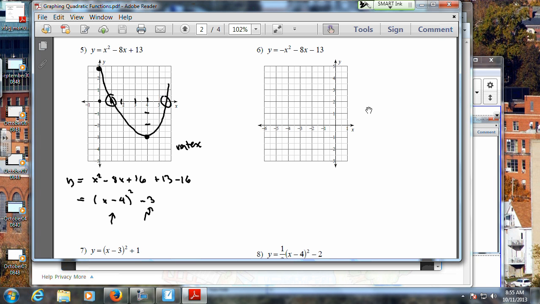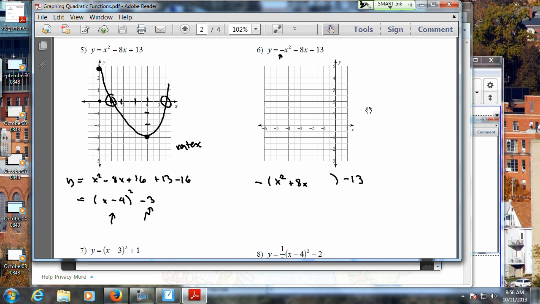So what happens for the only change being to make a minus x squared? That's the only change for number 6 from number 5. But what I'm going to do is write it as minus x squared, now plus 8x, in parentheses, to make a term that matches the minus 8x originally. It was minus 13 is the original constant.